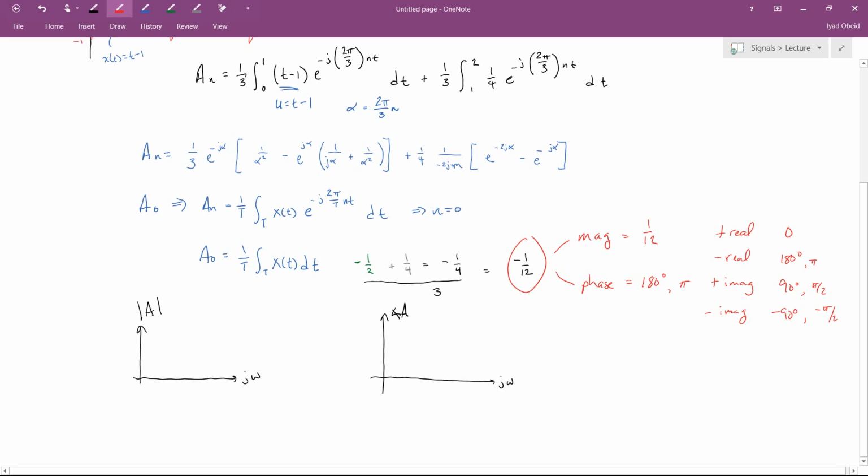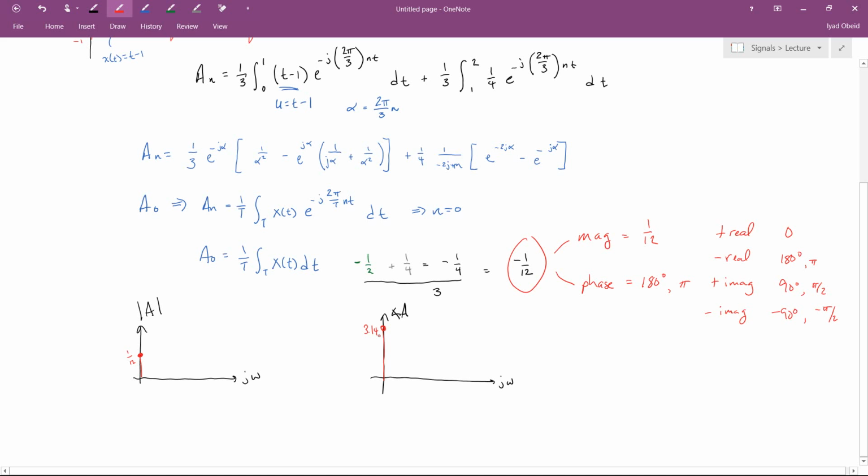So in our case, we would expect to have at 0 a magnitude of 1/12 and a phase angle of either pi or negative pi, depending on how the computer decides to calculate it. It's the same thing. Let's just say pi for the time being.